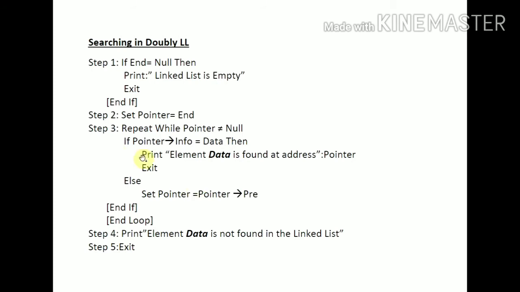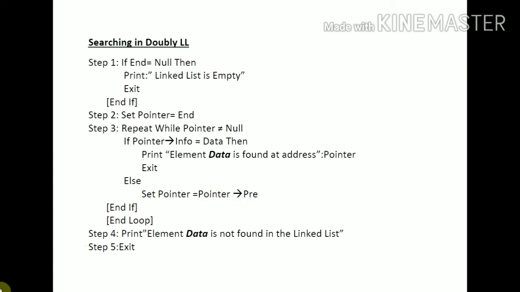If pointer info is equal to data, that means we check the information stored in this pointer variable. If it is equal to the data we are searching, we directly print that the element is found at this particular address, and we exit from the program. Otherwise, we increment the pointer: pointer equal to pointer pre.